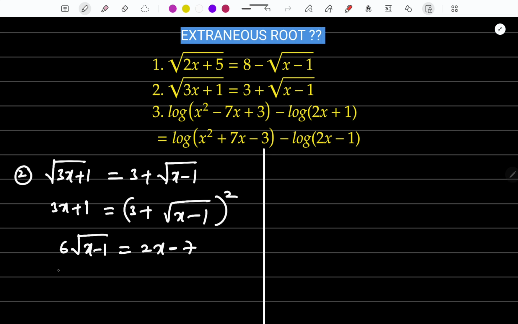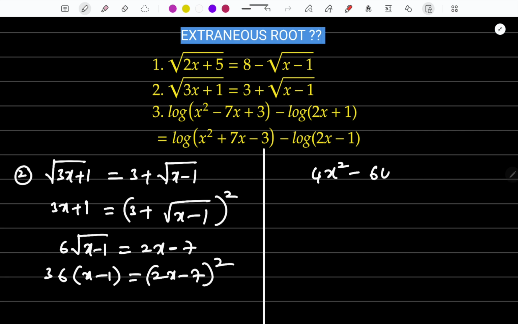Now again if you square on both sides, you will get 36 into x minus 1 equals 2x minus 7 whole square. On further simplification, you will get this quadratic equation. These calculations you can do on your own, that's why I am giving them directly. You can solve on paper and check all these calculations.